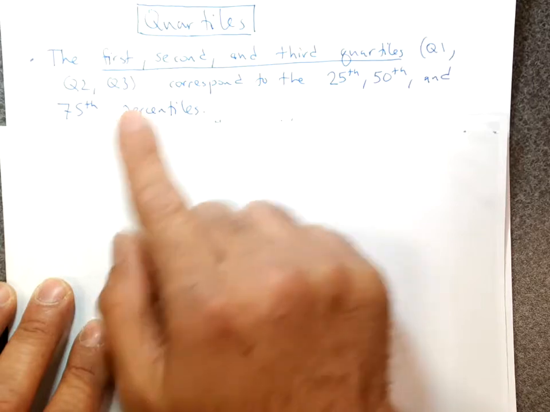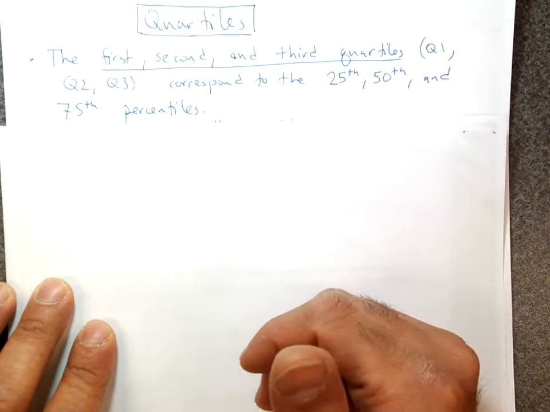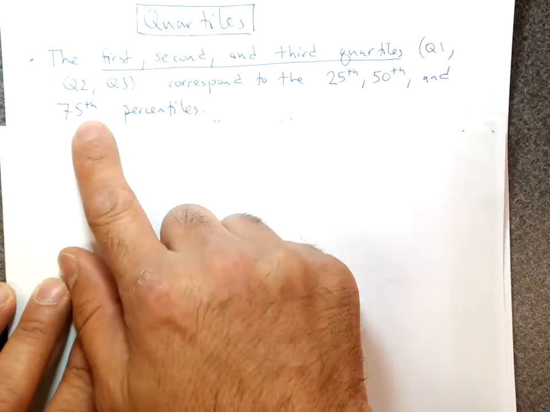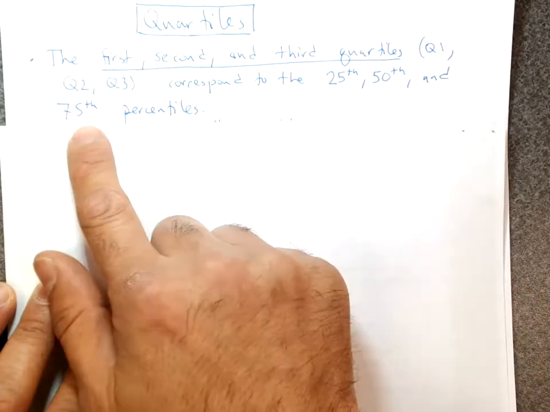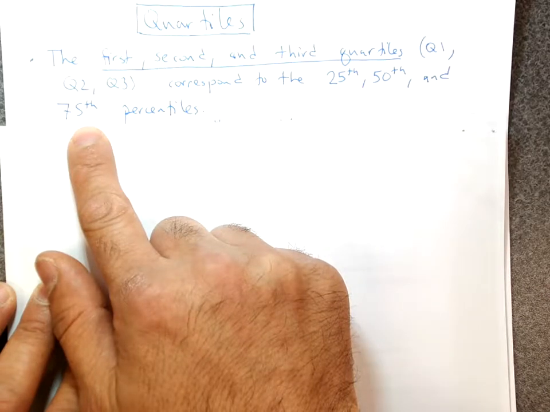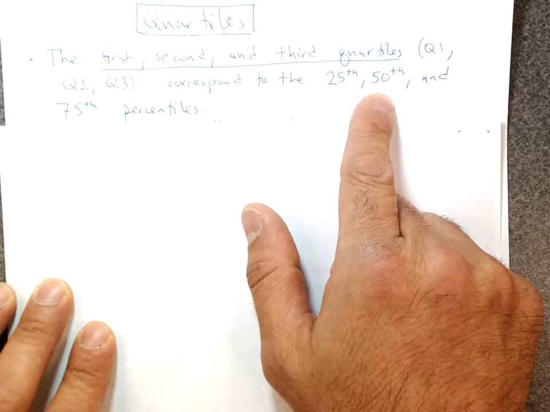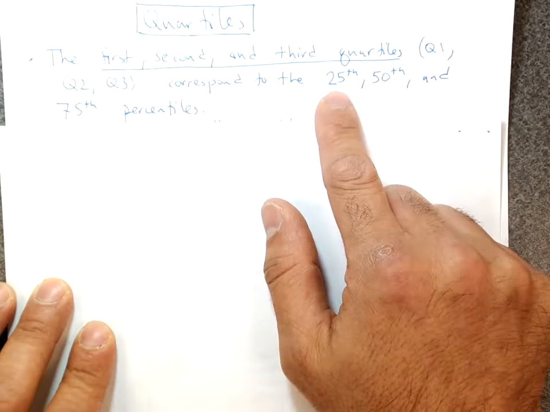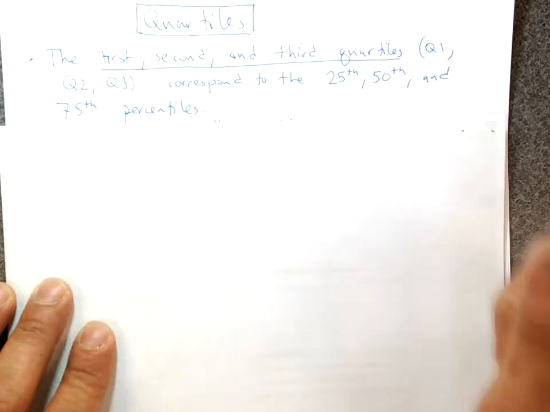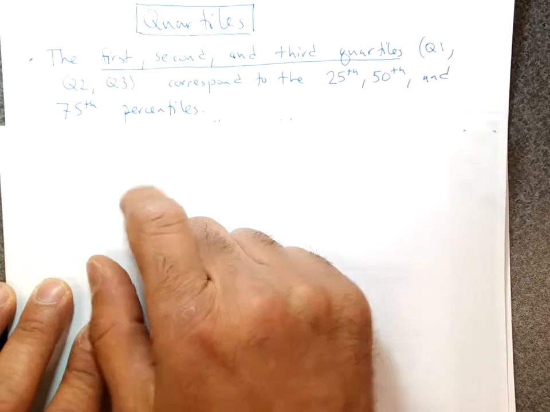The quartiles are just a particular name that we assign to these particular percentiles, for perhaps obvious reasons. You should probably see the connection between the name and the actual percents. Quarters make up 25%, 50%, and 75% of a whole, if we have 1, 2, or 3 quarters. So that's where the name comes from.